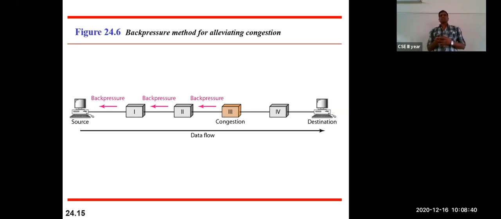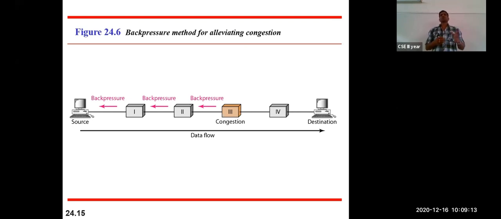So in the back pressure technique, node 3 will send a warning packet back to node 2. It applies back pressure, sending a packet to node 2 indicating the congestion at 3. Now node 2 will slow down and send fewer packets to 3. At the same time, node 2 will also send the same warning packet to node 1, so that 1 will slow down sending packets to 2, and then 1 will send it to the source.